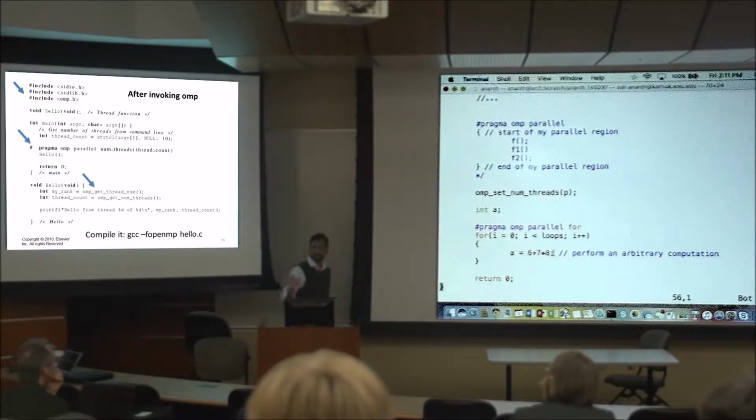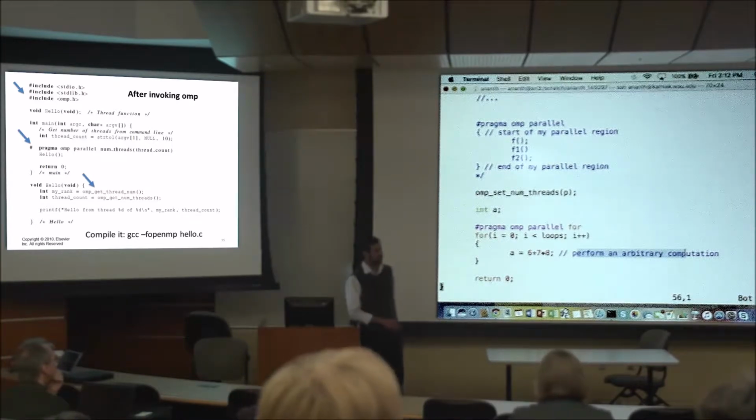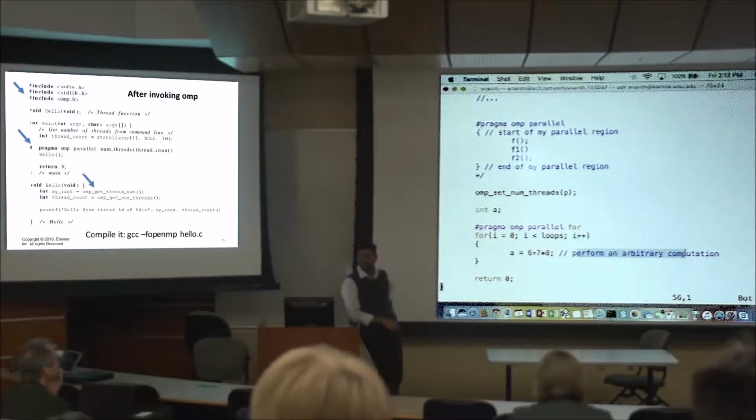So let's not worry about what it does. I basically wrote an arbitrary computation, so I just randomly wrote in a line. But we'll come to how to fix that.